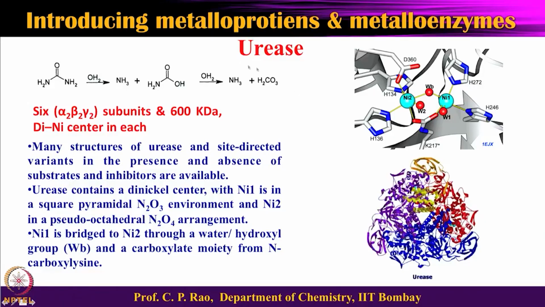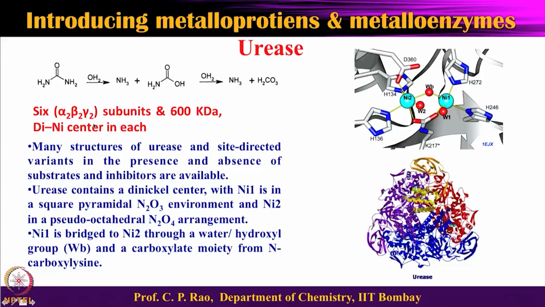Now, let us look at the enzyme urease. Enzyme urease is not a small enzyme, it is a very huge enzyme. How do we say it is a huge enzyme? Number 1, you can see it has 6 subunits, the alpha 2, beta 2, gamma 2. So, that is alpha, beta, gamma twice.